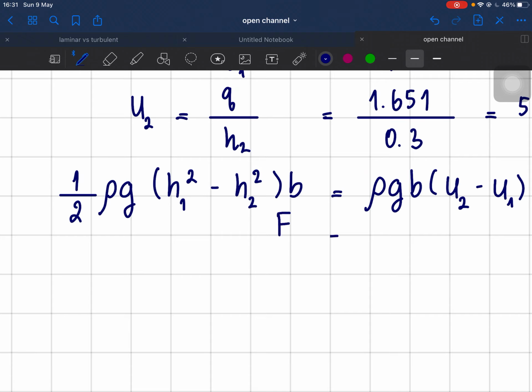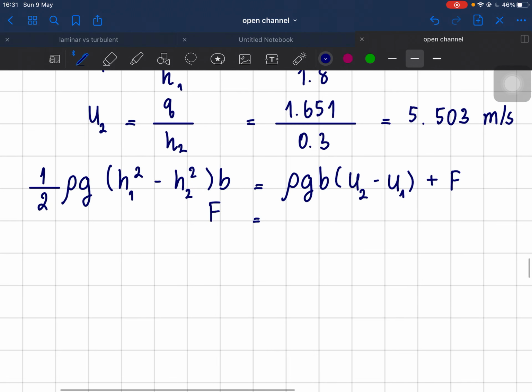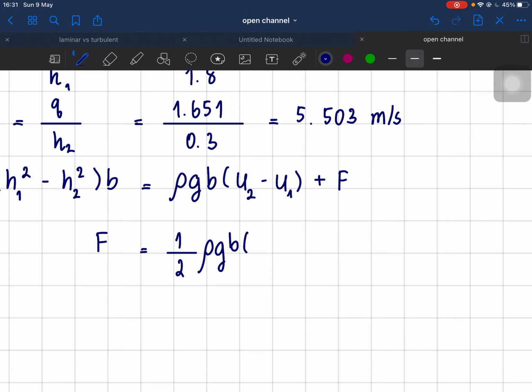So f here, we are going to rearrange everything here. I should have had it aligned lower. 1 over 2 rho g b h1 minus h2, and then we minus because this part here is going to be here. Rho g b u2 minus u1.